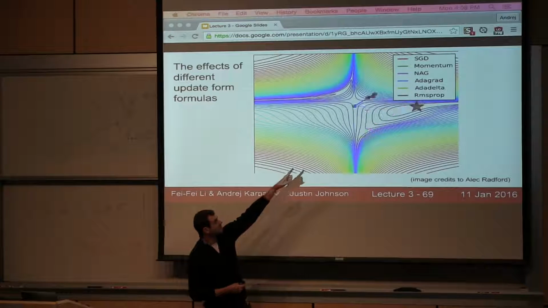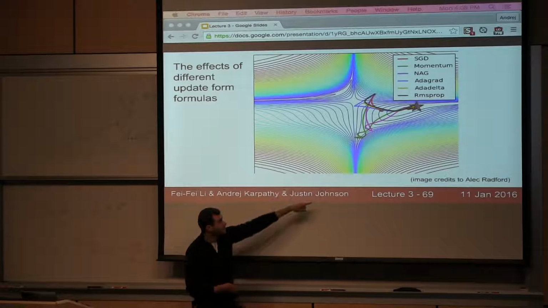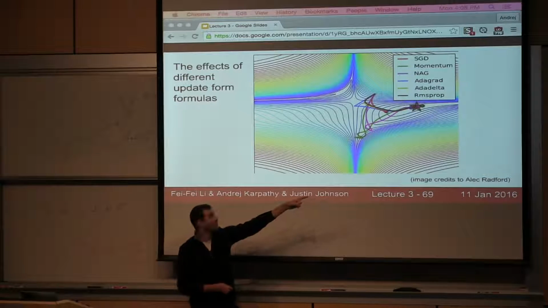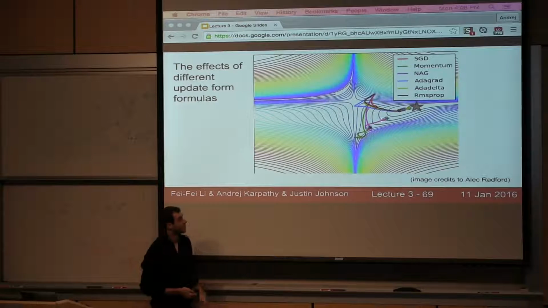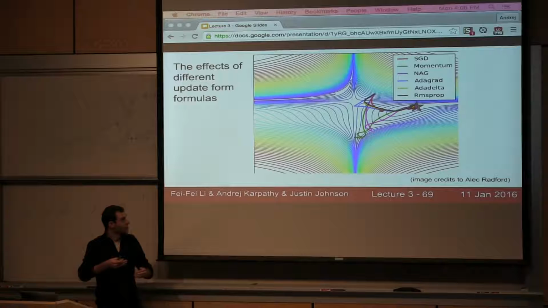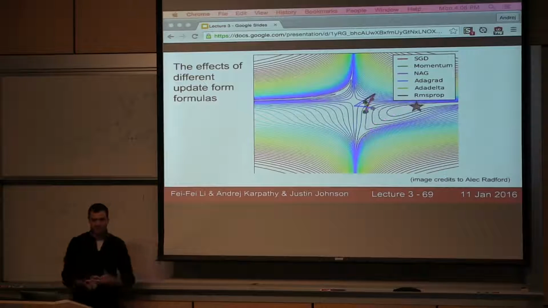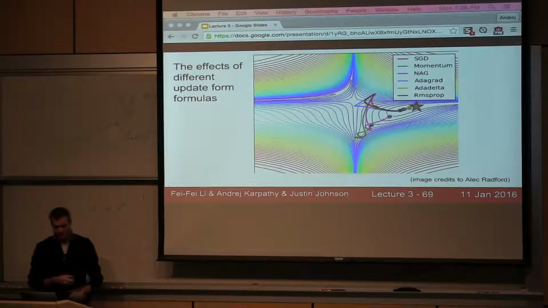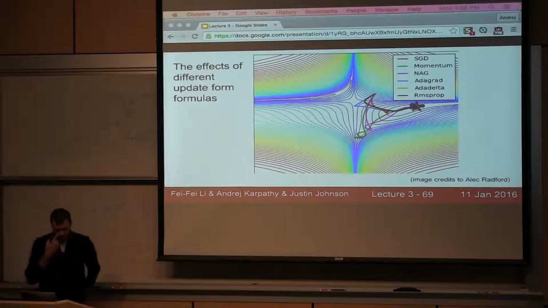You can see, for example, this momentum in green. It built up momentum as it went down, and then it overshot, and then it kind of goes back. And this SGD takes forever to converge in red. That's what I presented to you so far. So SGD takes forever to converge, and there are different ways of performing this parameter update that are more or less efficient in the case of optimization. We'll see much more of this soon.